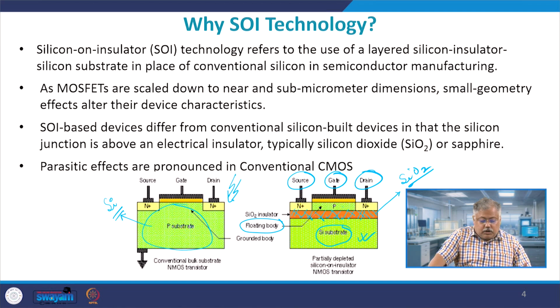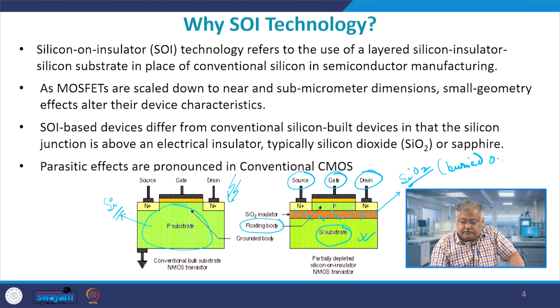So, silicon on insulator, which is SOI, refers to the use of a 3-layered substrate in place of a conventional silicon substrate. As you can see here, a thin layer of silicon is placed on top of the insulator, such as silicon dioxide, which is also referred to as a buried oxide.